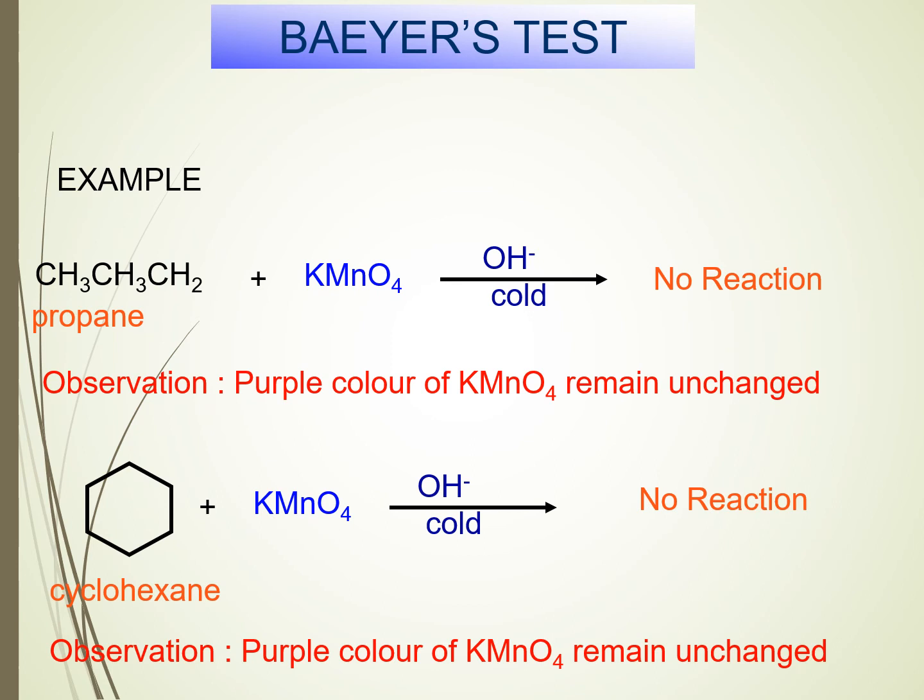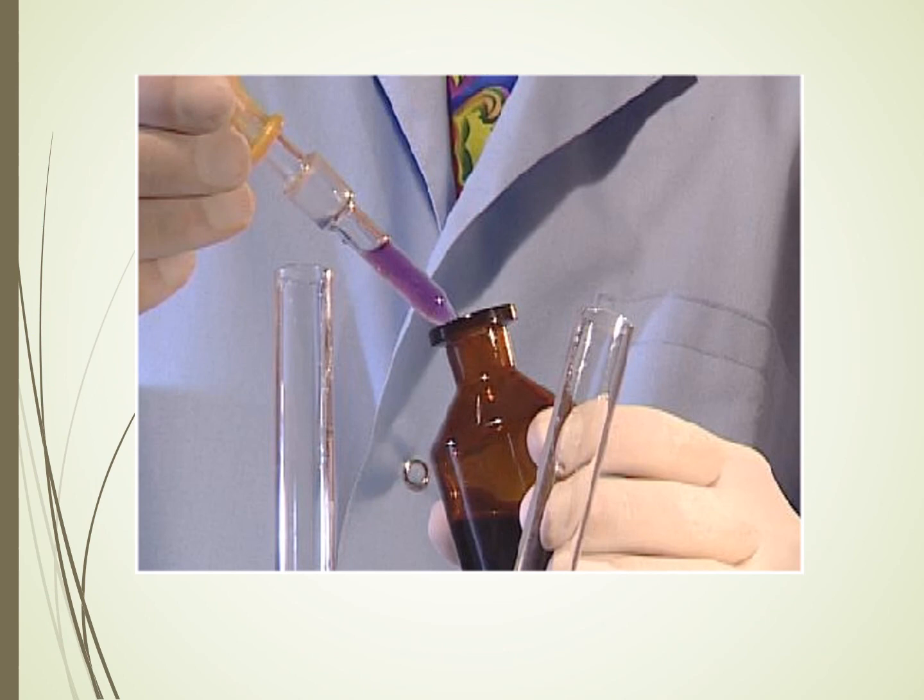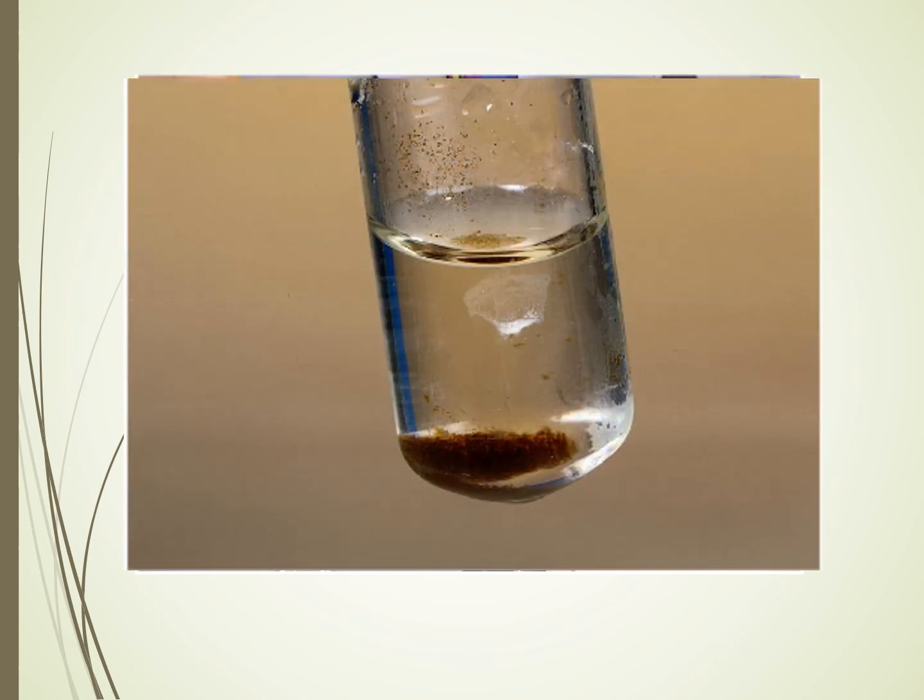The purple color of potassium manganate remains unchanged. The photo shows when alkene is added to cold basic potassium manganate. The observation shows that the purple color of potassium manganate becomes colorless, and manganese oxide, which is a brown precipitate, is observed.